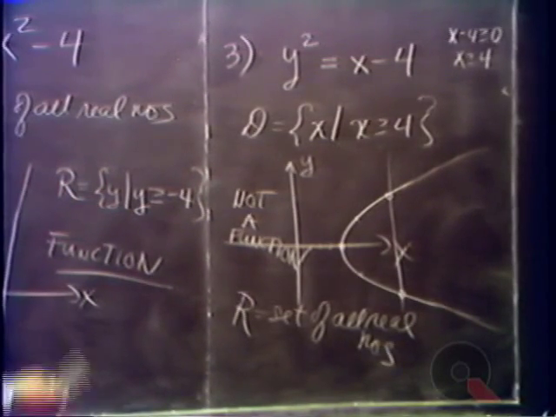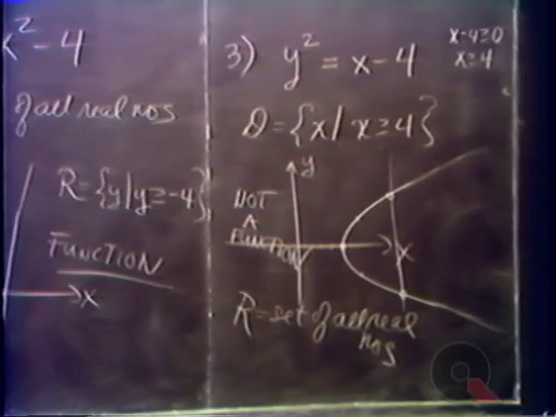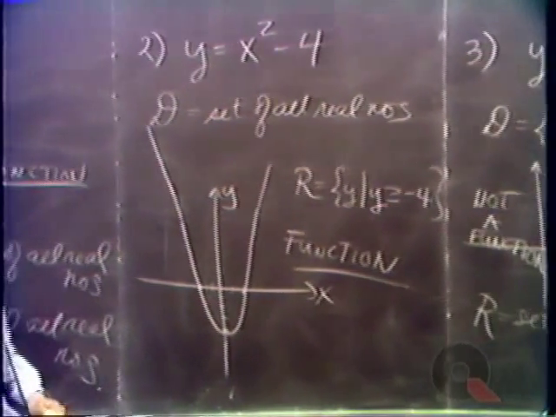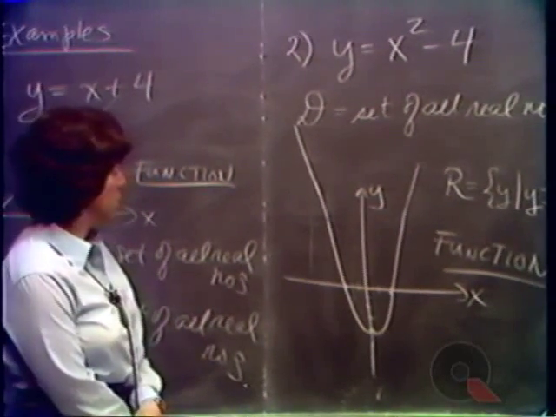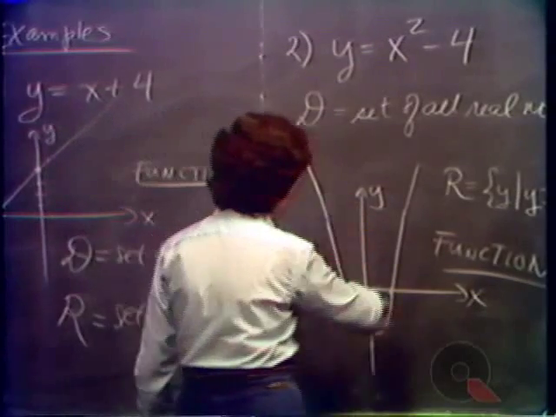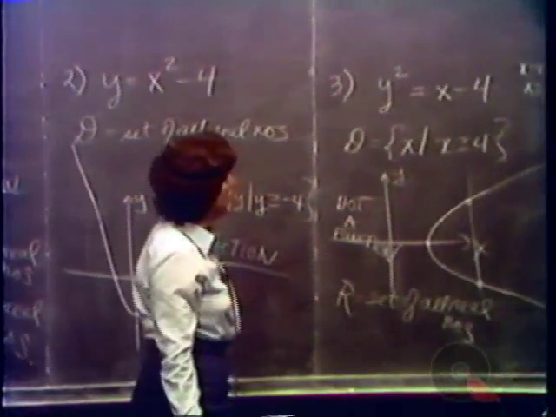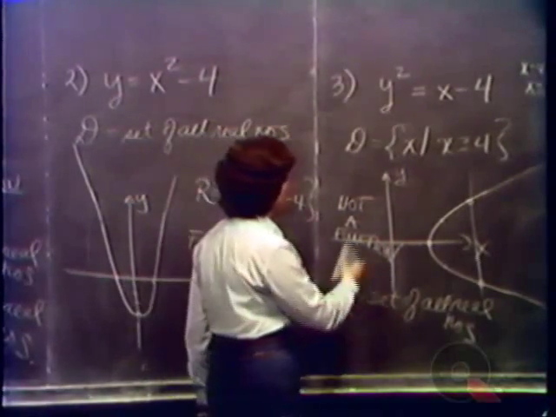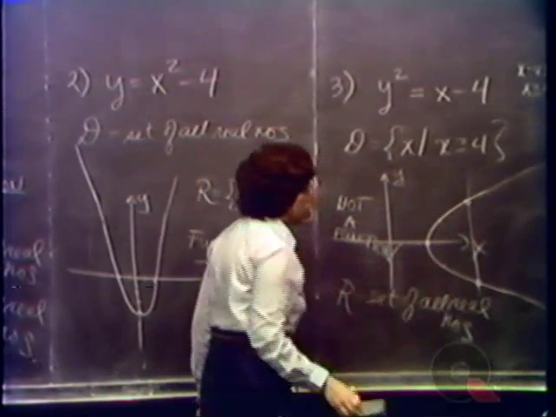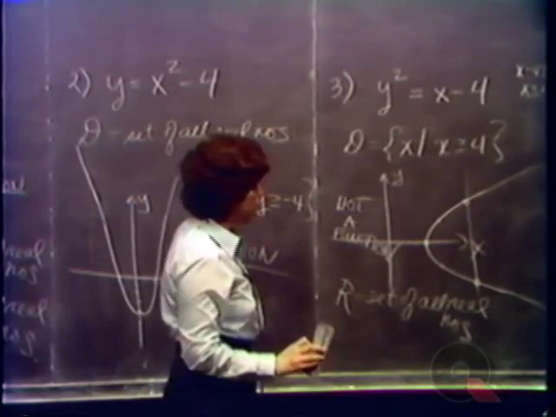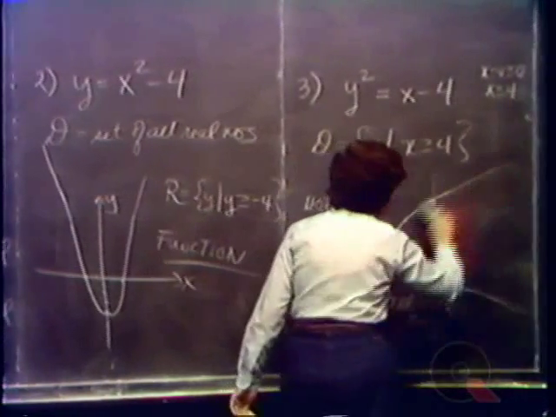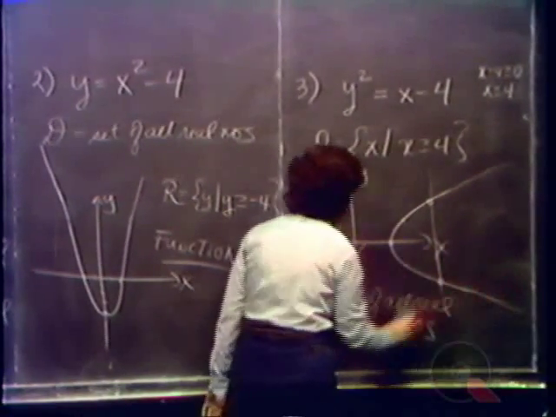Now, if you do decide to go on in mathematics, you will be studying functions a great deal. And this might not seem fair that a parabola that looks this way is a function and this one is not. Sometimes we want to be able to talk about a function and we're talking about a parabola like this. What we do is we isolate either the top half of this parabola or the bottom half of the parabola.